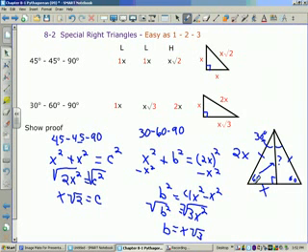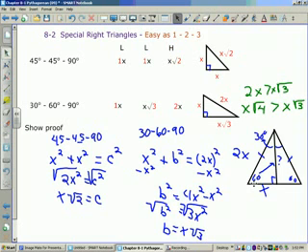And 2x is greater than x times radical 3. How do I know? Well, if I change 2 to a radical, it's the same as x times the square root of 4, which is going to be bigger than x times the square root of 3, because the square root of 4 is bigger than the square root of 3. Okay.